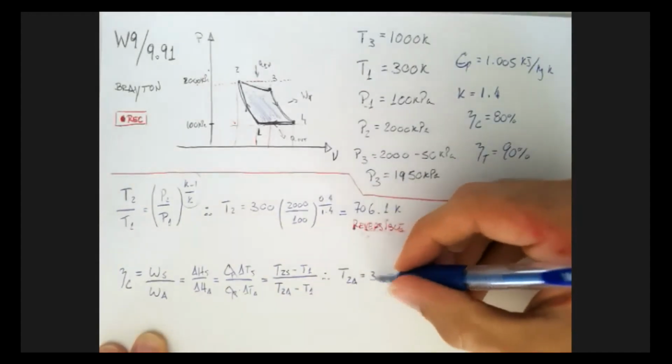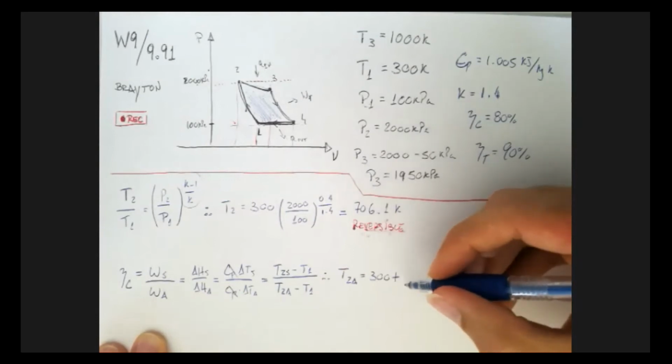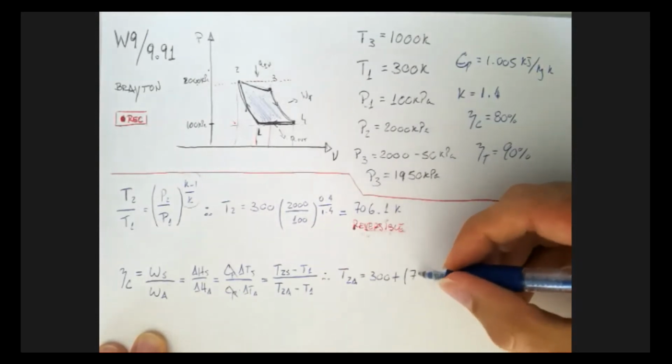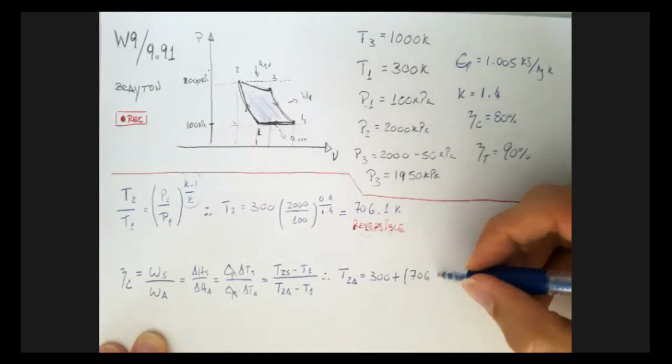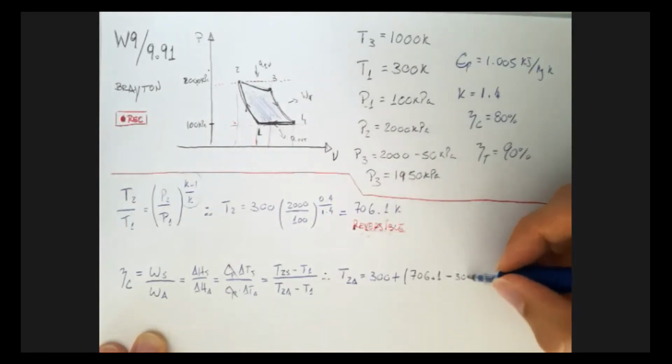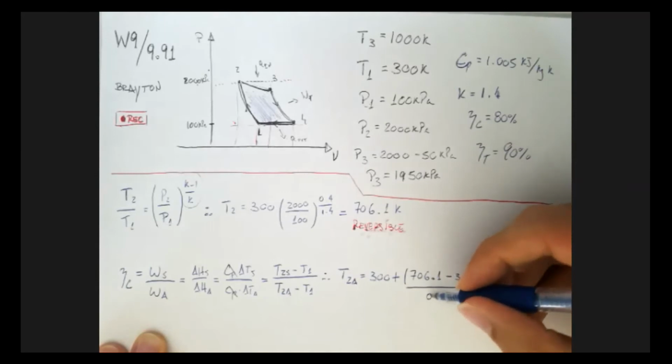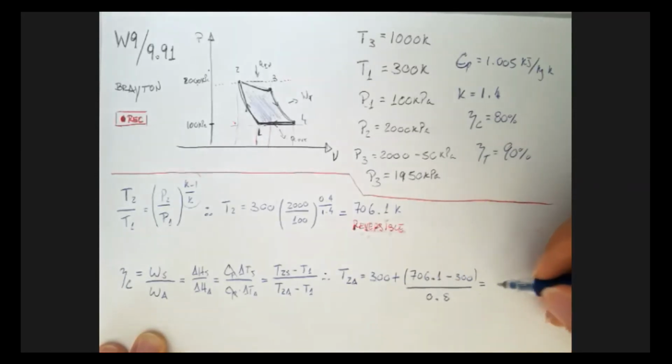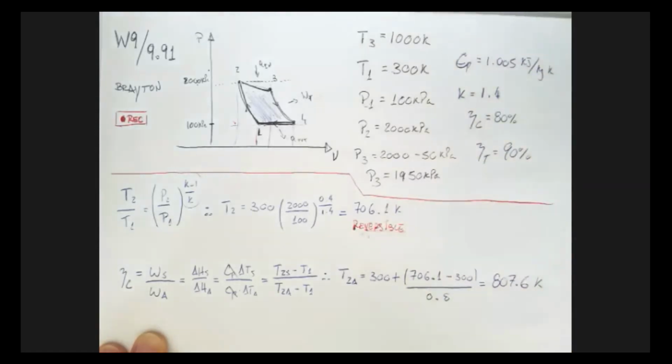That means that 300 plus 706.1 minus 300, divided by 0.8 has to be equal to our T2 actual, which should be greater than the 706. I got 807.6 Kelvin. Okay, so it checks out. It's greater than you would need it to be, right?